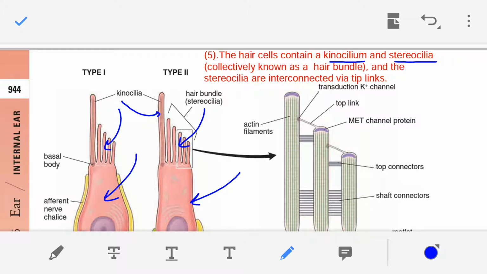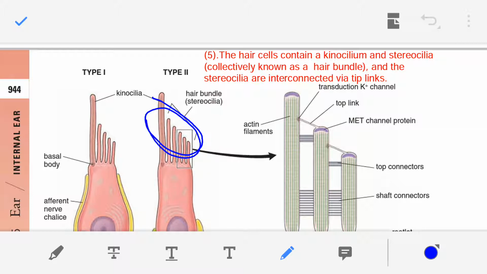Now together the stereocilia and kinocilium are collectively known as the hair bundle. So here you can see these are all stereocilia and this is the kinocilium. This bundle is known as the hair bundle.